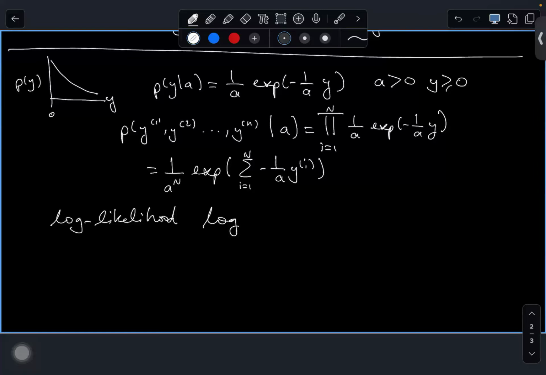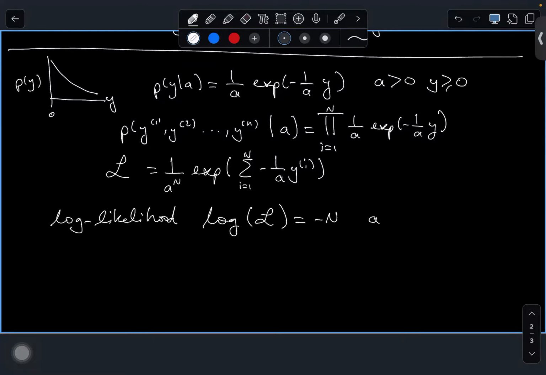So, okay, I want to find the log of my likelihood. So this is my likelihood. I have 1 over A to the n. I want to find the log of that. So that's A to the minus n, and the log of A to the minus n is minus n log of A. I'm going to use natural log because we have an exponential.